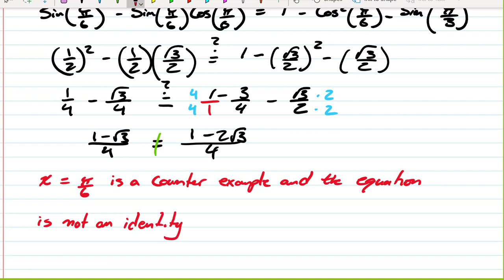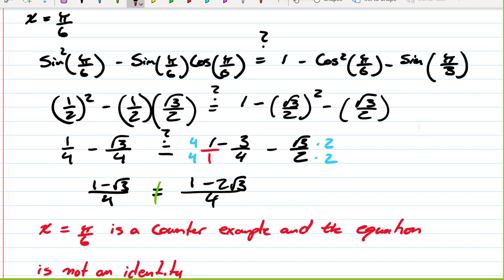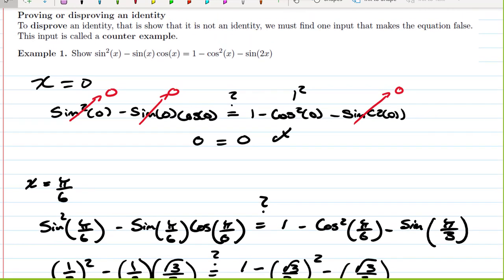So to show something's not an identity, we have to find at least one value that doesn't work. When I guessed x equals 0, we got something that was true. So that's a solution to the equation, but then we discovered it doesn't work for every x. In general, when we're trying to find counterexamples, we don't want to pick any angles whose terminal side is on an axis.